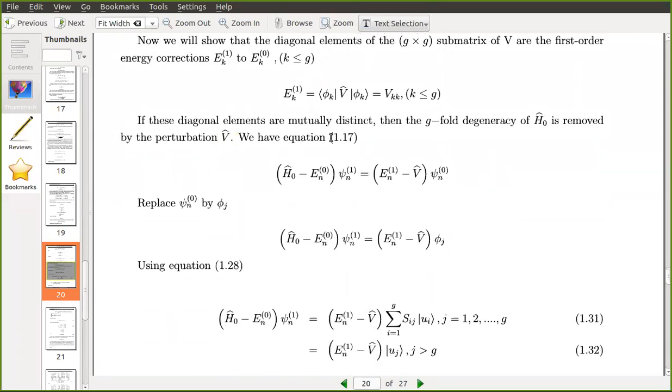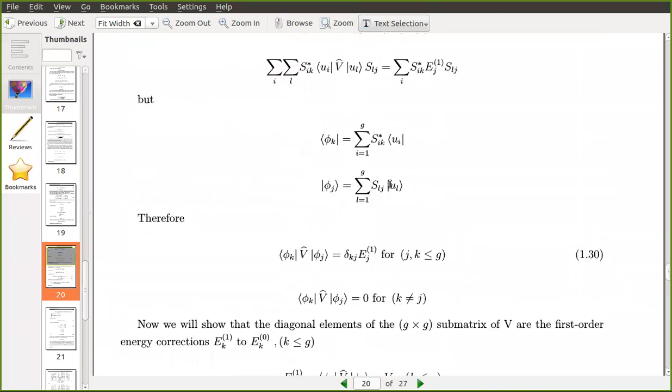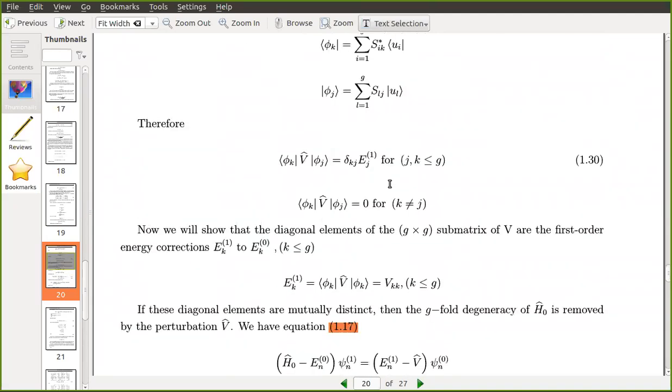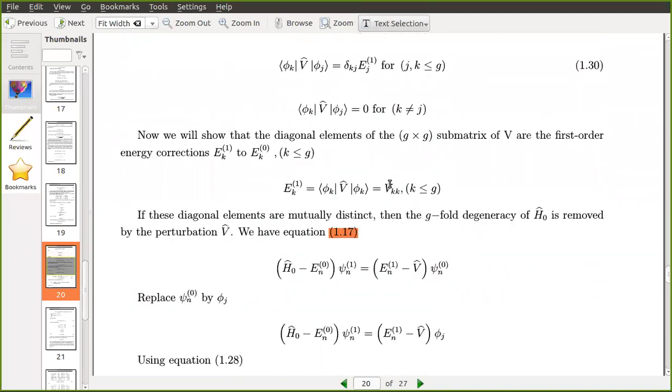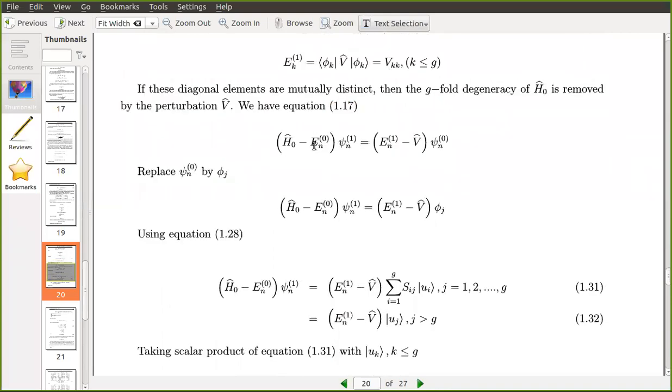Now from equation number 1.17, we have this equation. You can verify that. So H0 minus En of 0 acting on psi n of 1 equals En of 1 minus V psi n of 0.